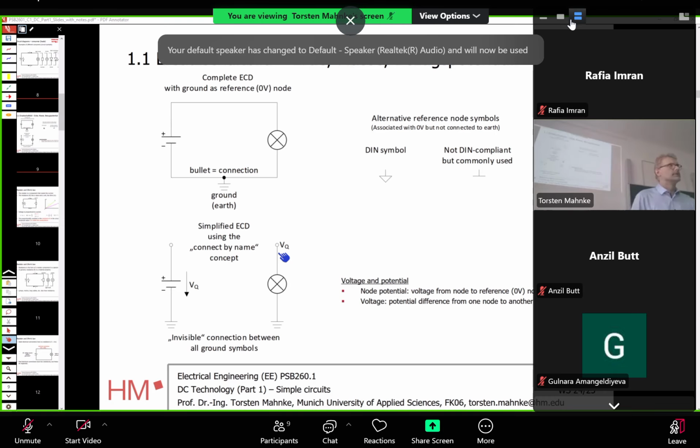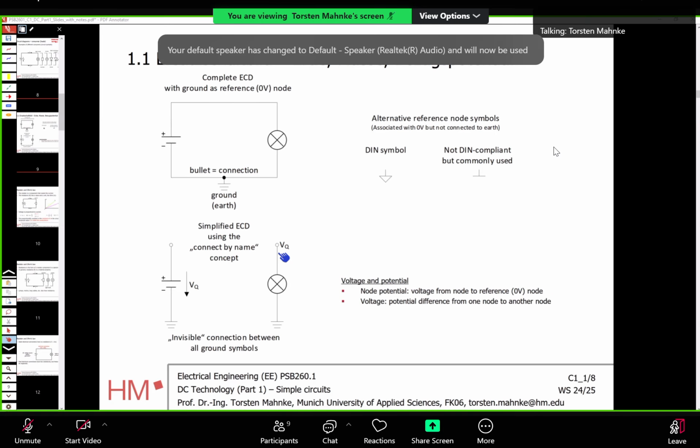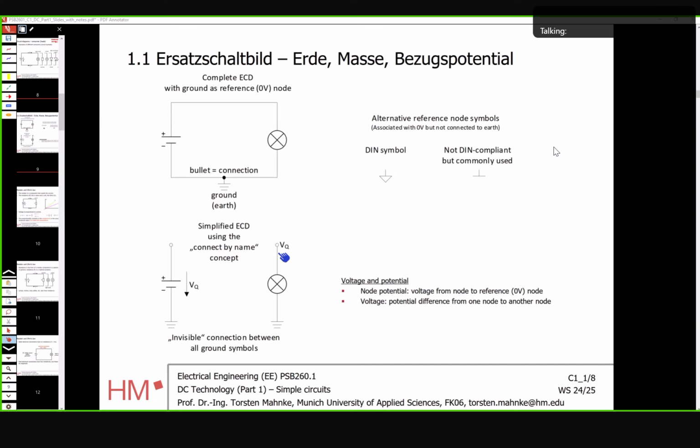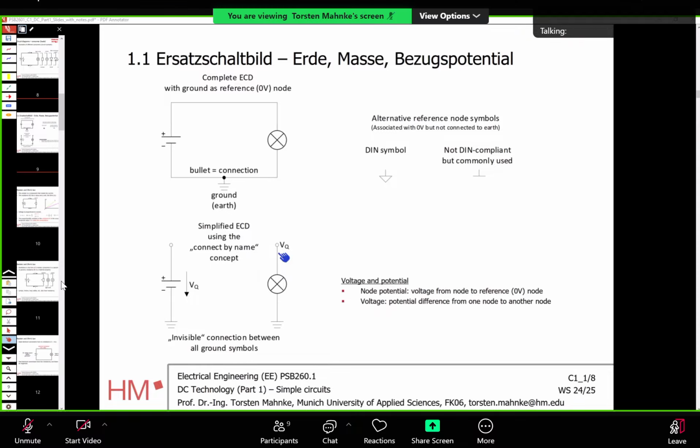For simplicity, we do the second diagram, right? Exactly. There should be a connection. In reality, there is a wire. Otherwise, you wouldn't have VQ on the right side there.